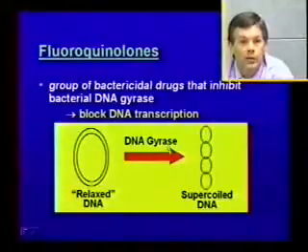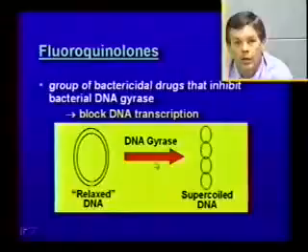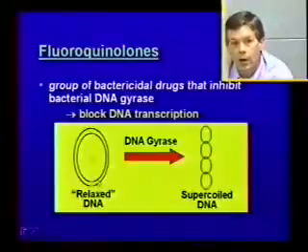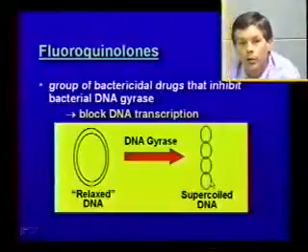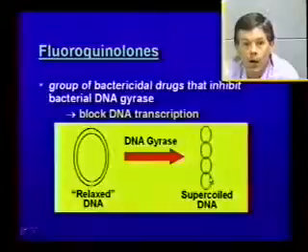All single-celled organisms require an enzyme that's known as DNA gyrase to supercoil DNA from its linear, circular form into this supercoiled form in order to be used for transcription and translation.